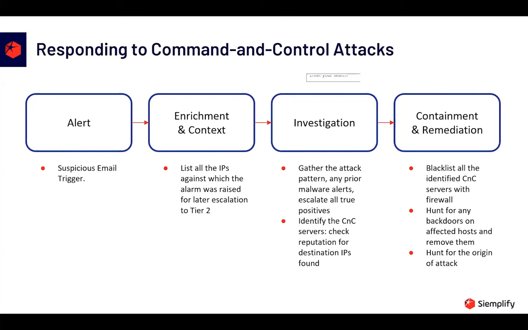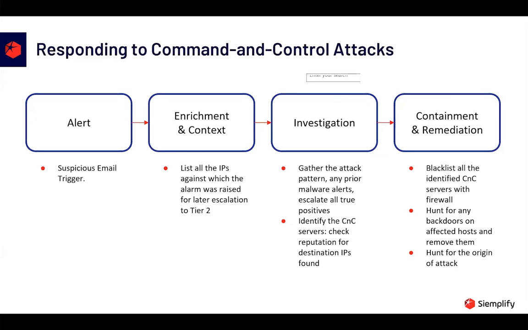Then you're going to want to investigate this by gathering the following details. First, the attack pattern and any prior malware alerts about the victim IP. If this is found, then find the source of malware, repeat your malware investigation steps, mark it as true positive, and escalate the information.